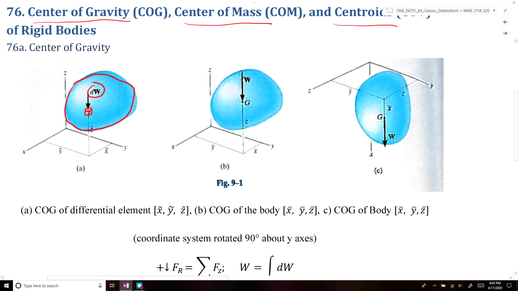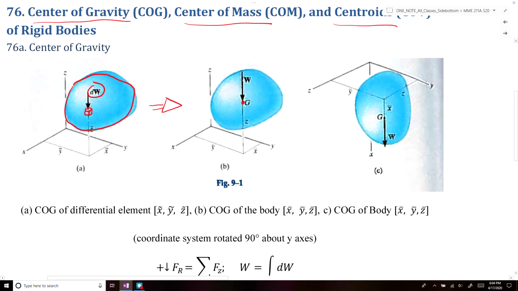What we're interested in finding is if we can use those small differential elements to calculate the location of our center of gravity of our rigid body.